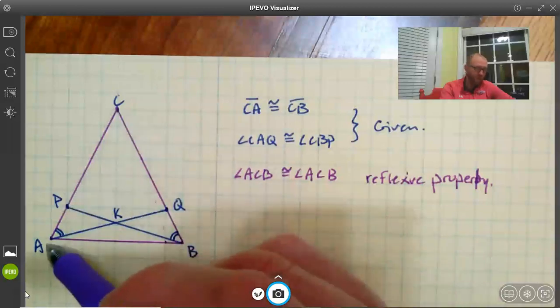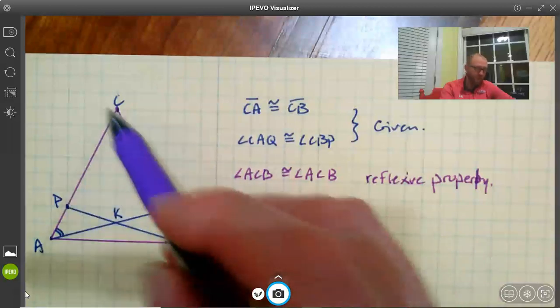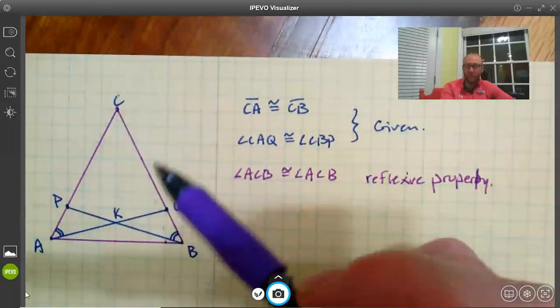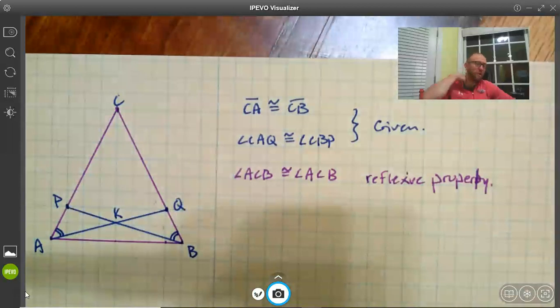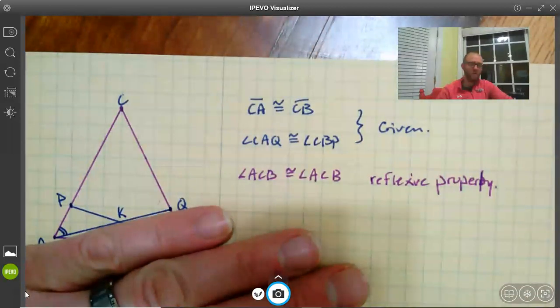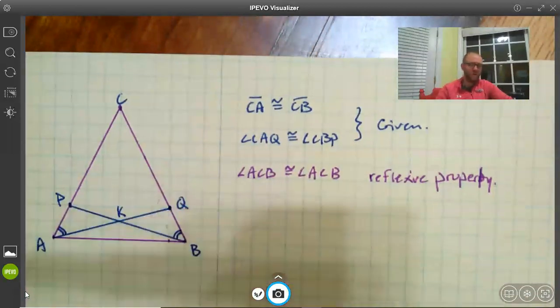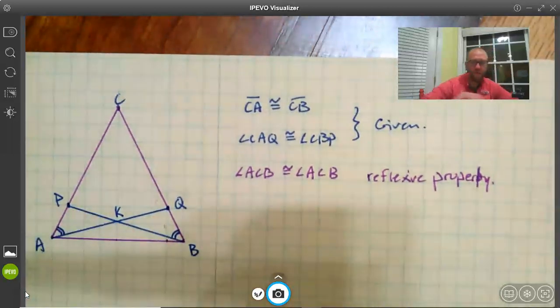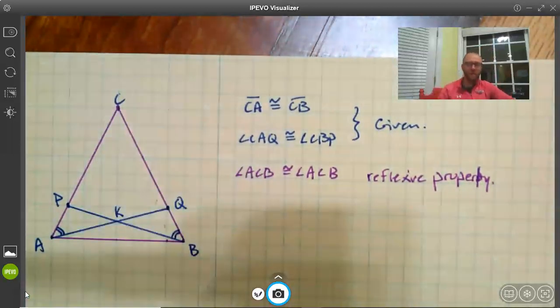Actually, I guess if I'm going to say ACQ, I should say BCP. Right? So those two triangles. One of them would be kind of shaded off there, that triangle right there, and then that triangle right there. So those two triangles.